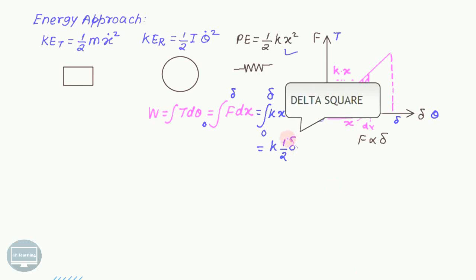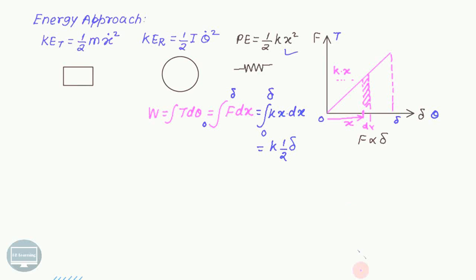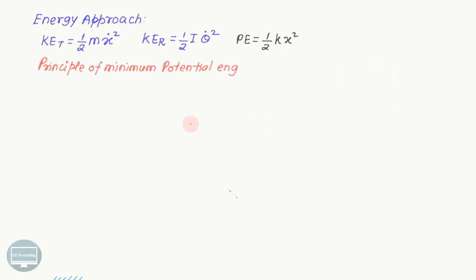And you know that work done is the same as energy. Work and energy, according to the first law, are mutually convertible. So if you do work on the spring, it will store it in the form of energy and will release it.